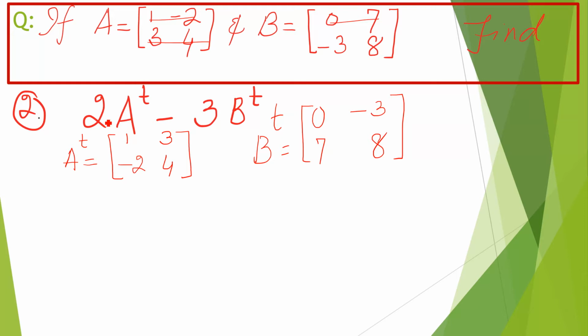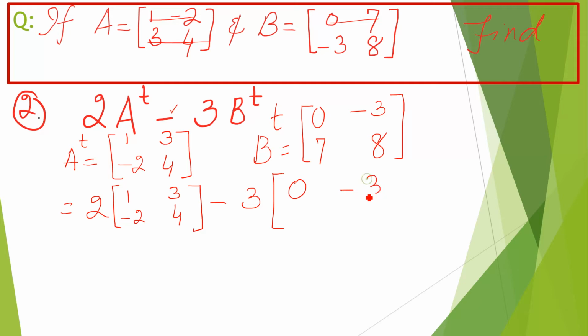Now you have to multiply 2 with this A transpose, not with A, not with B. 2 multiplied by 1, 3 minus 2, 4. And then this minus sign we have to use, minus 3, and B transpose is 0, minus 3, 7 and 8.